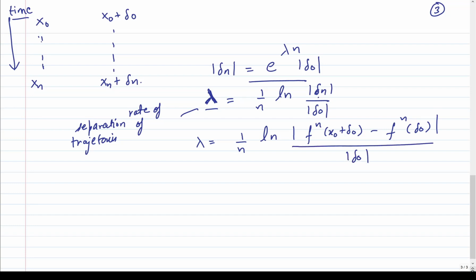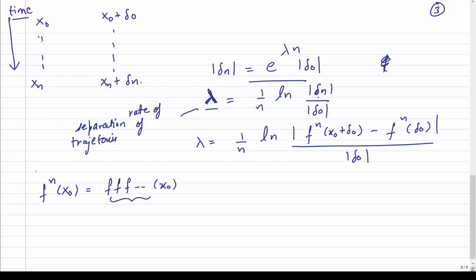So I'm just writing, remember f as an aside, this is a map applied to an initial condition, applied n times, the nth iterate.